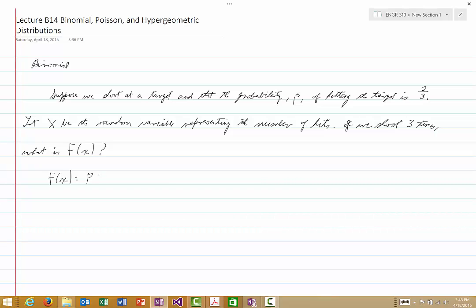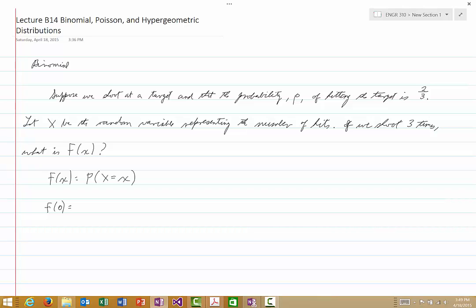And little f of x, recall that for a discrete random variable, is the probability that the random variable, capital X, has a particular value, little x. So what we want to do is, for each of the possible values, 0, 1, 2, and 3, calculate what little f is. So let's start with little f of 0.